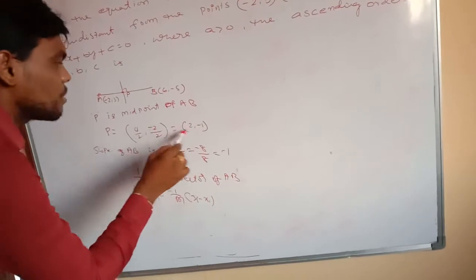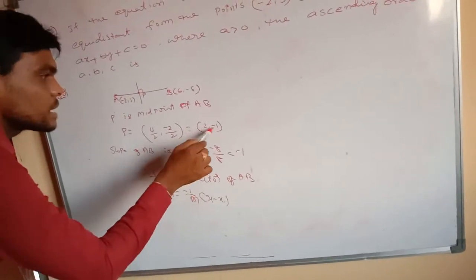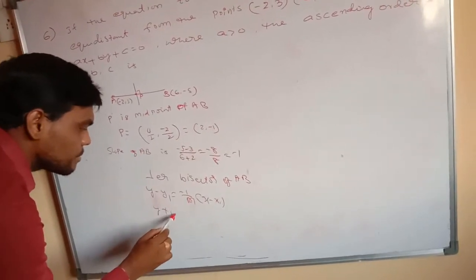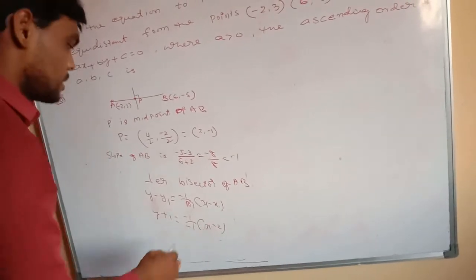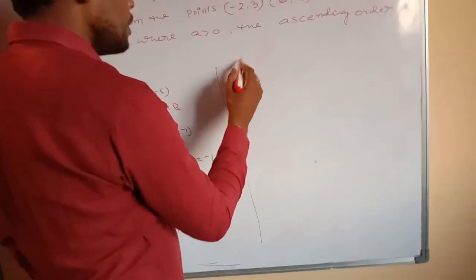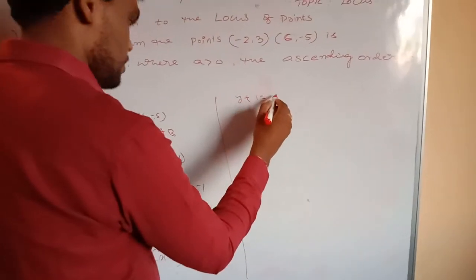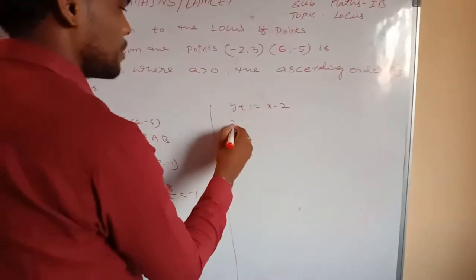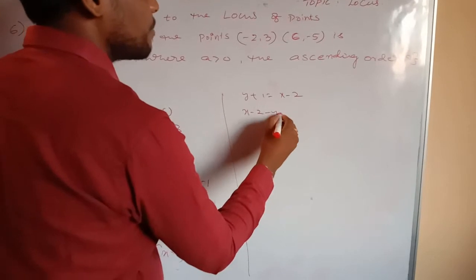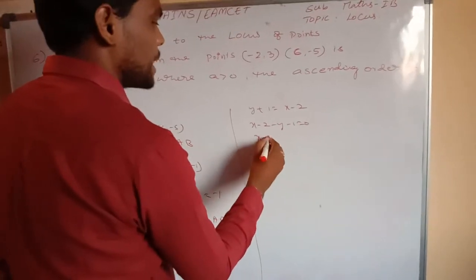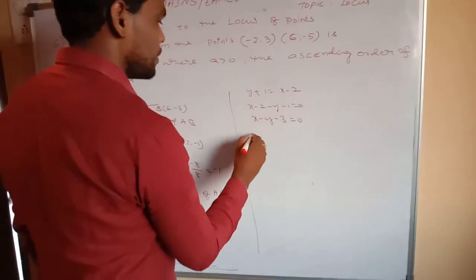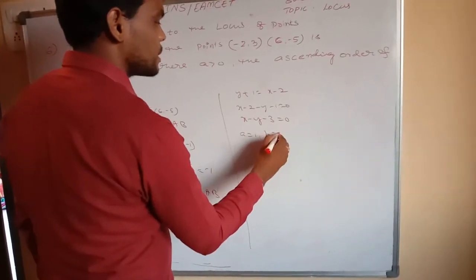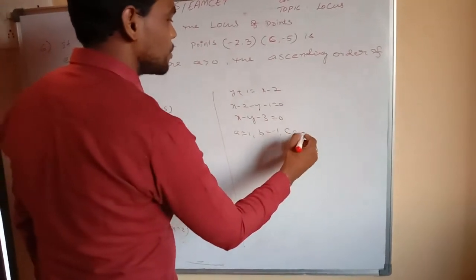This is the locus of P, which is (2, -1), this is (x1, y1). Now y plus 1 is equal to minus 1 by minus 1 into (x minus 2). And this is y plus 1 is equal to x minus 2. Now x minus 2 minus y minus 1 is equal to 0. Now x minus y minus 3 is equal to 0.